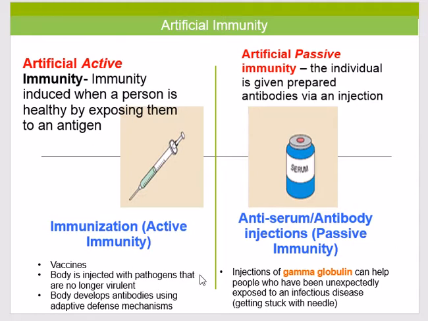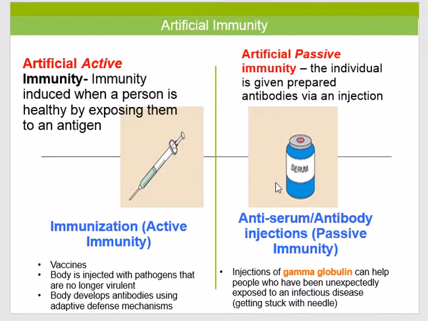And so when you inject your body with this vaccination, then your body is able to produce antibodies against the antigen. So it's done actively, yes, because we're producing our own antibodies, but it is artificial because it's being injected into the body.